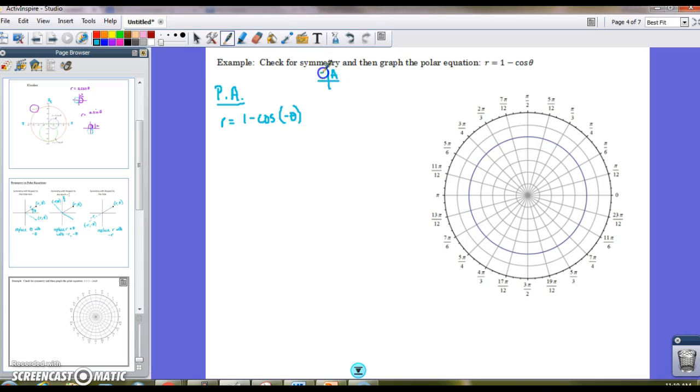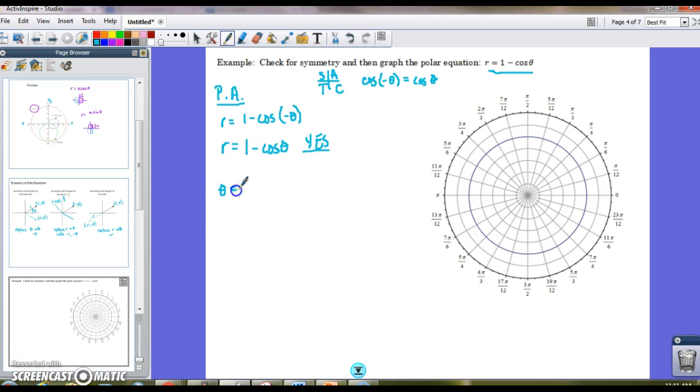If these are your quadrants, and negative theta dips you down into the fourth quadrant, but cosine is still positive in the fourth quadrant. So cosine of negative theta is actually equal to the cosine of theta. It's called an even function because of that, okay? So we end up with r is equal to 1 minus cosine theta, which is what we started with. And so we can say, yes, it does in fact have polar symmetry.